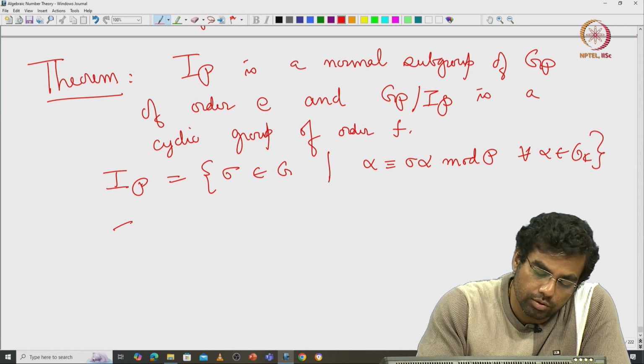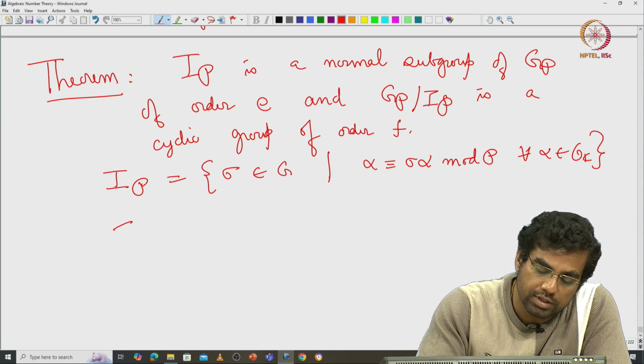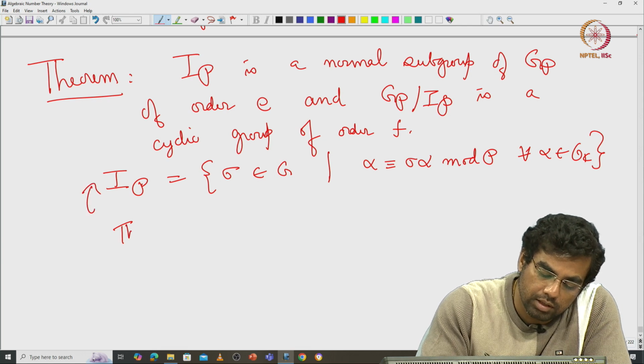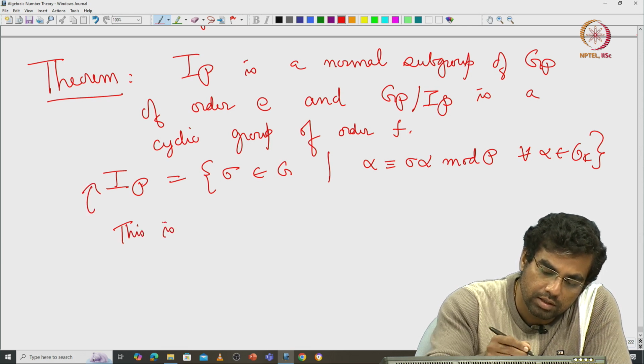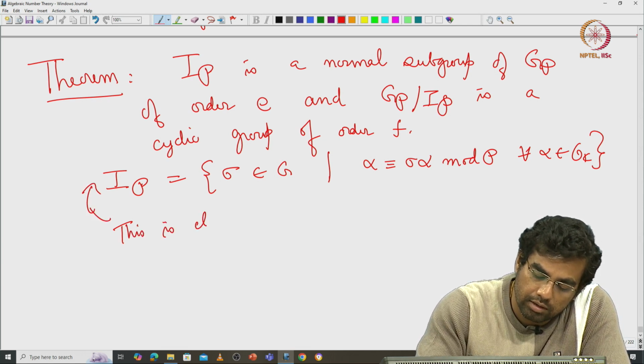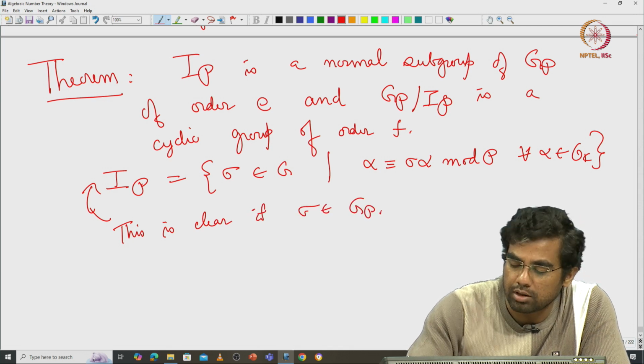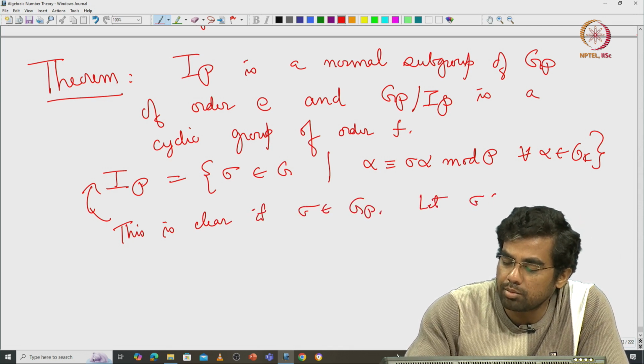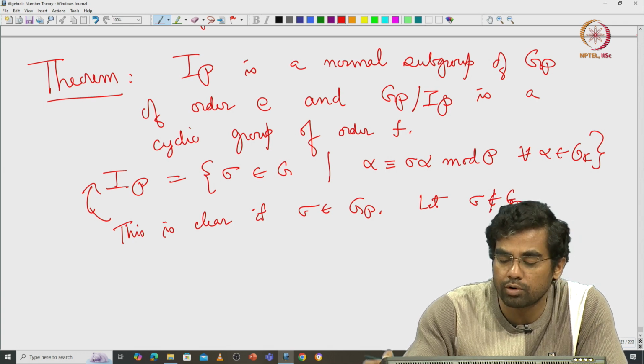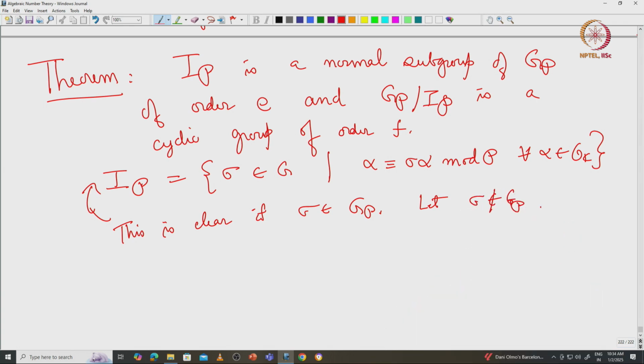So this last statement is clear if sigma belongs to G sub P. So, let sigma be not in G sub P, and I want to show that it is not in I P either.